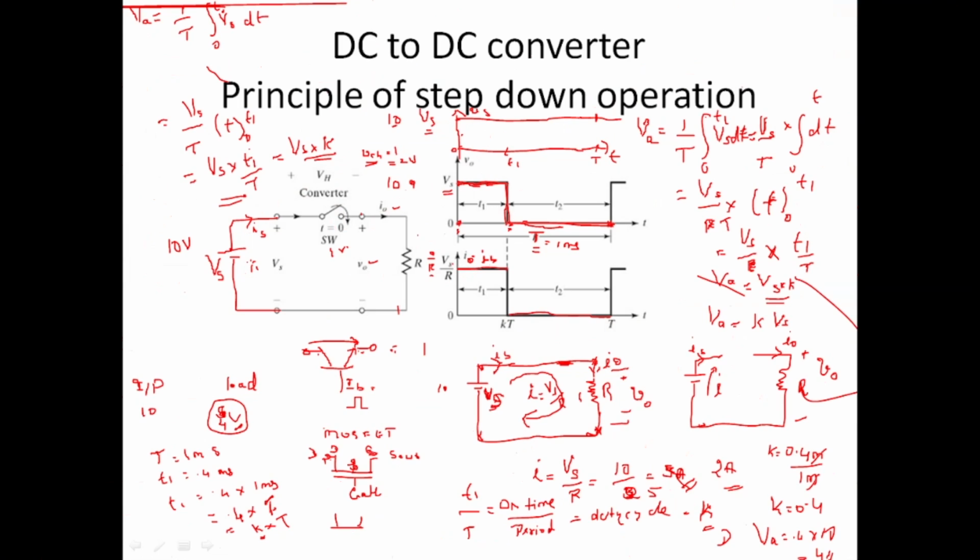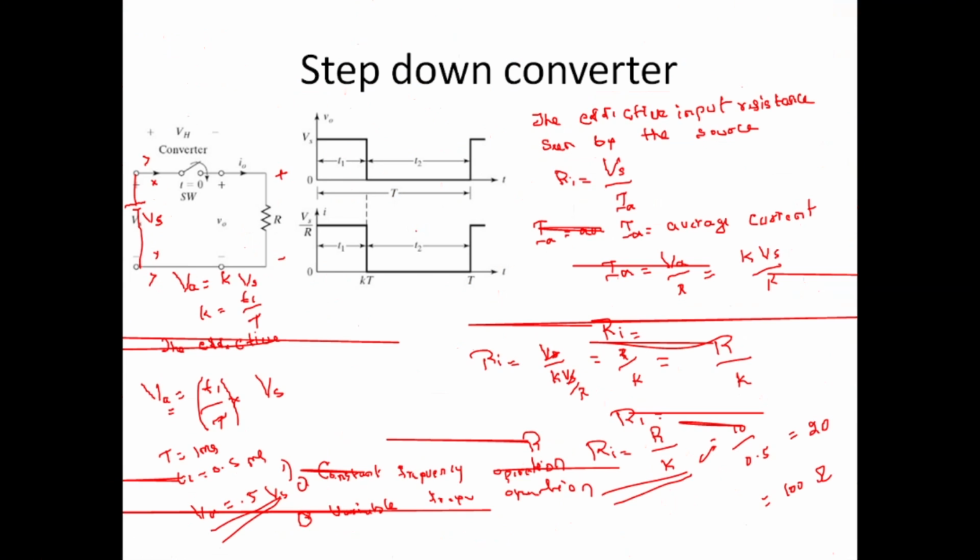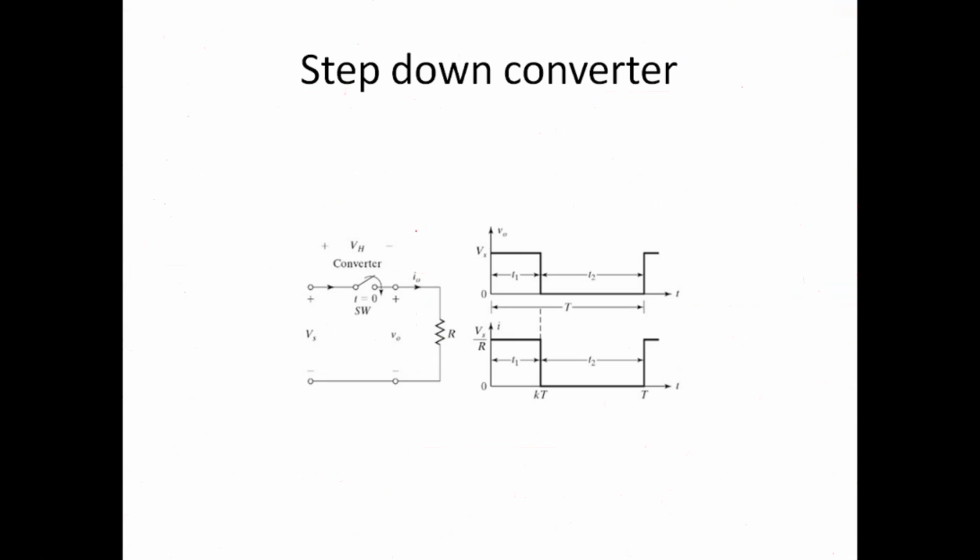So for this entire current, I should consider the entire voltage and the resistance. This is supply Vs, and there is a 2 volt drop. So the total resultant voltage is Vs minus V chopper. Vs minus V chopper divided by R is responsible for this current.